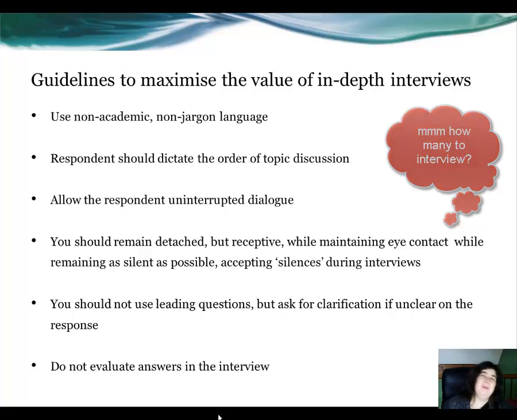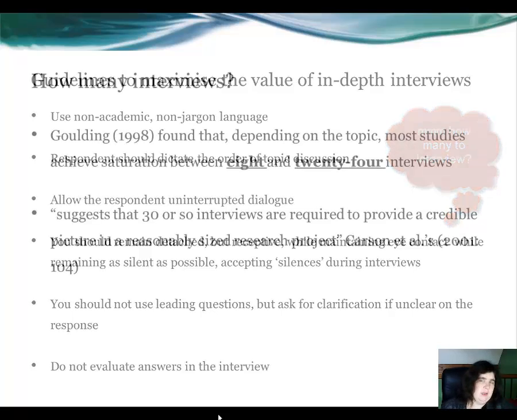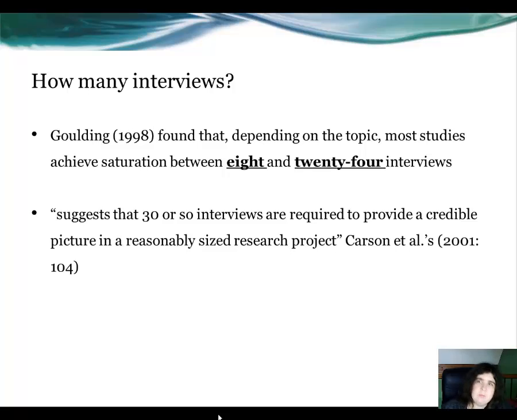People always ask me, well, how many interviews do I actually need to do? And there are different opinions and numbers and figures out there. For example, Goulding, 1998, found that depending on the topic, most studies achieve saturation between 8 and 24 interviews.